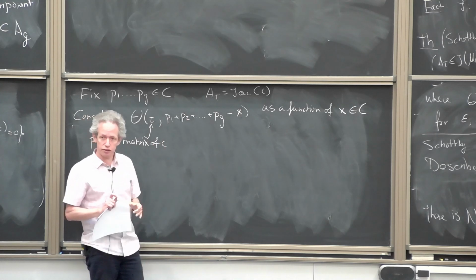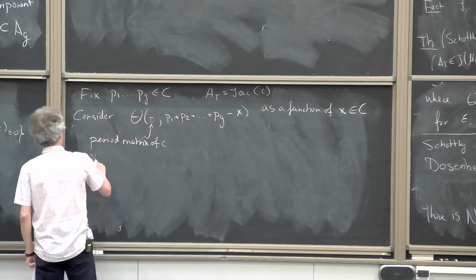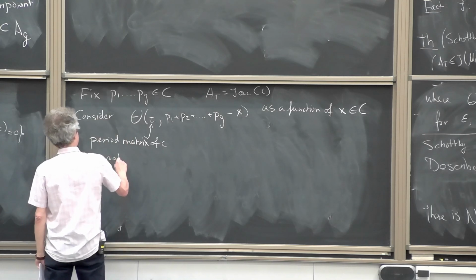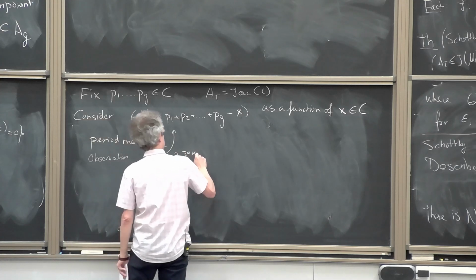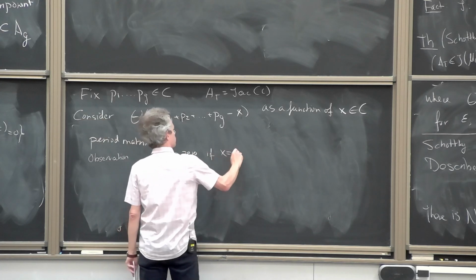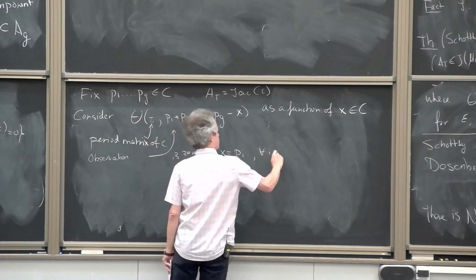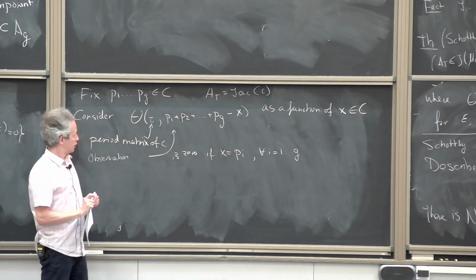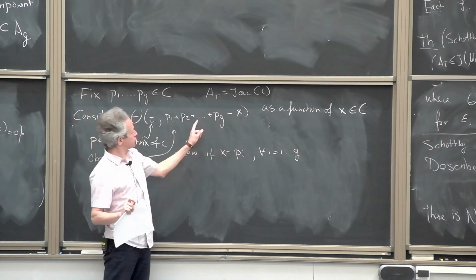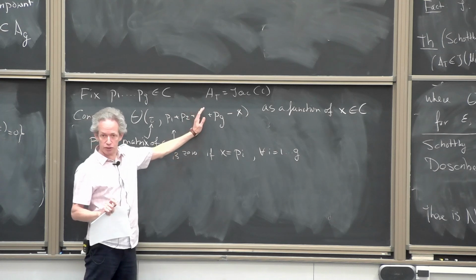So what is this zero locus? Observation: this is 0 if x is equal to p_i for any i from 1 to g. Because if x is equal to some p_i, I cancel this point.